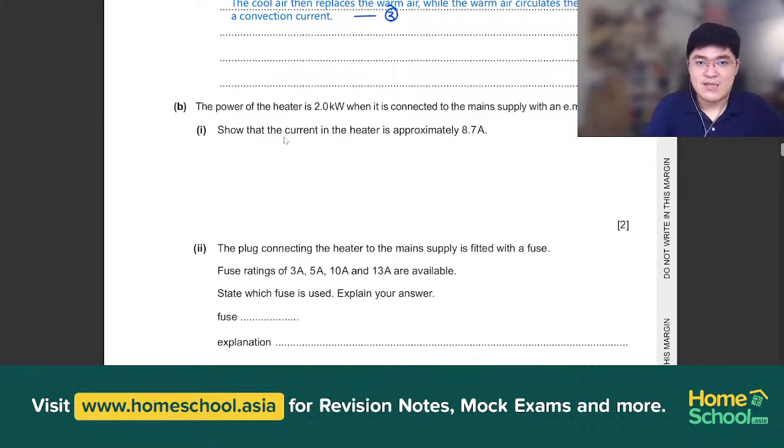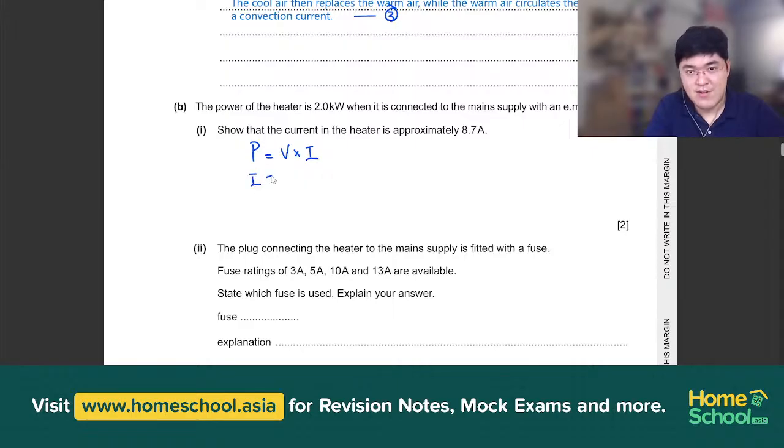First things first, we know that electrical power is equal to voltage, or EMF, multiplied by the current. So let's rearrange this. We divide by voltage on both sides.